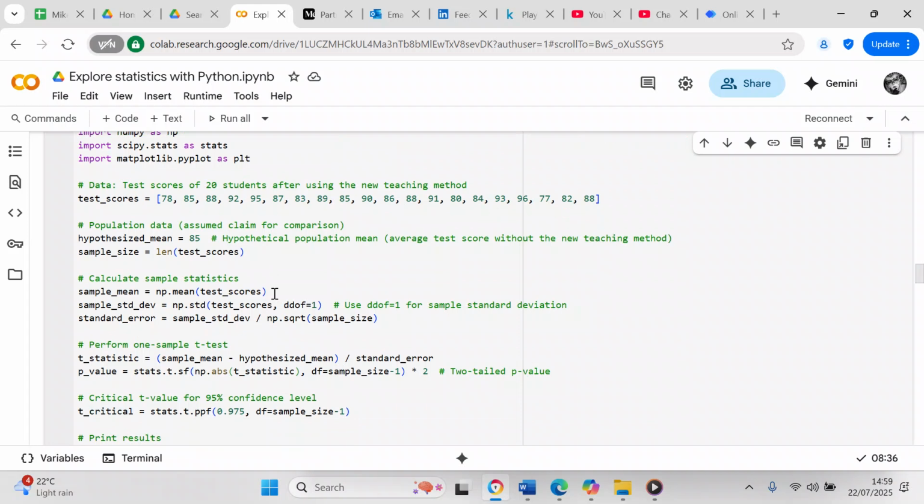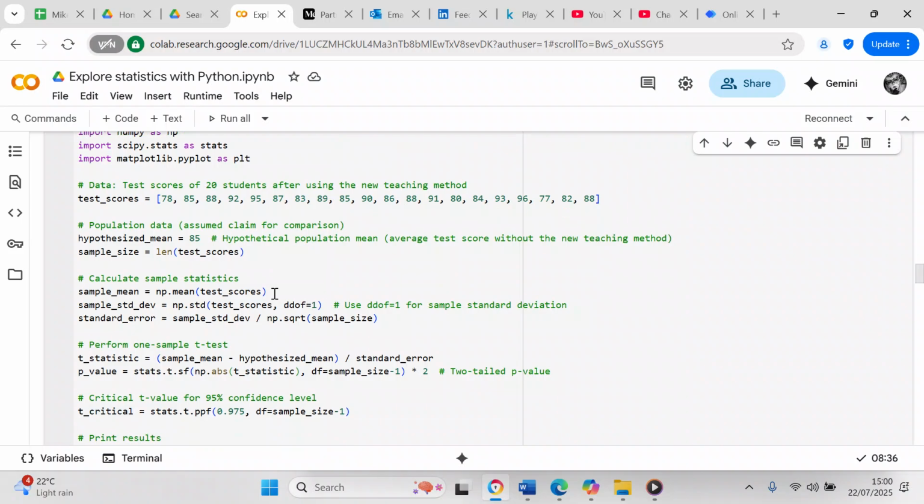We're going to calculate our t-critical value for a 95% confidence level. So t-critical equals stats.t.ppf of 0.975, df equals sample size minus 1. The reason it's 0.975 is because it's a two-tailed test.